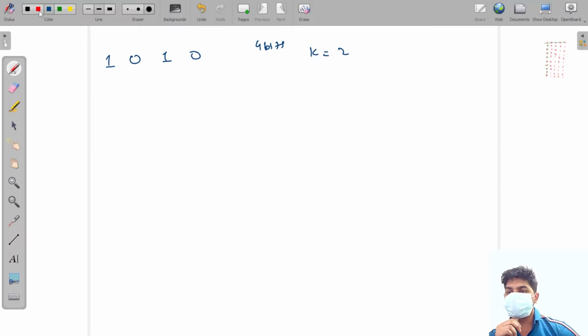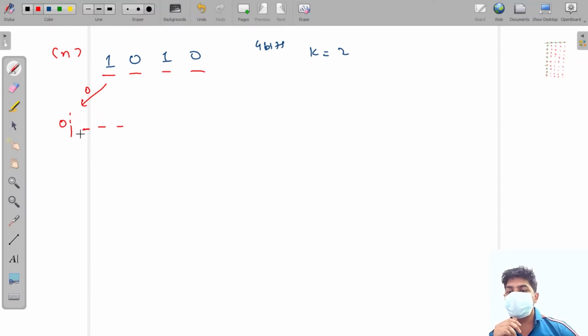We want numbers which are smaller than this n and have 2 set bits only. One way of making it smaller is that this 1 will be converted to 0. We will place a 0 over here, and in the remaining positions we have to maintain the set bit count.